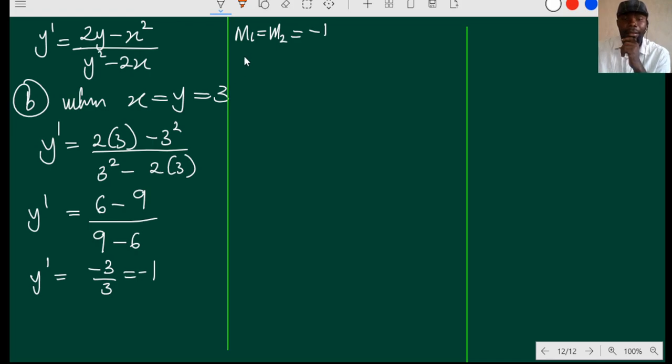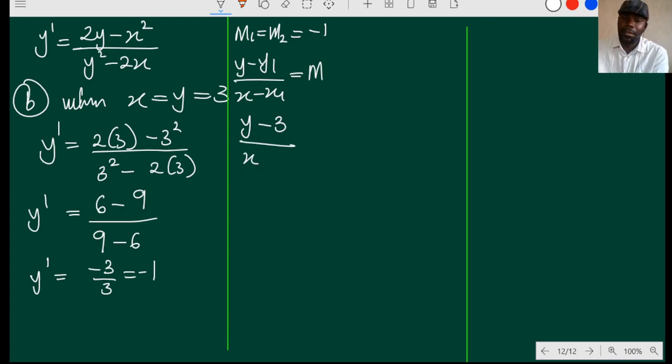So therefore, we have y minus y1 over x minus x1 is equal to the gradient. So our y1 is 3, x1 is also 3, is equal to minus 1. What we need to do here is cross multiply, so we can get the exact value.